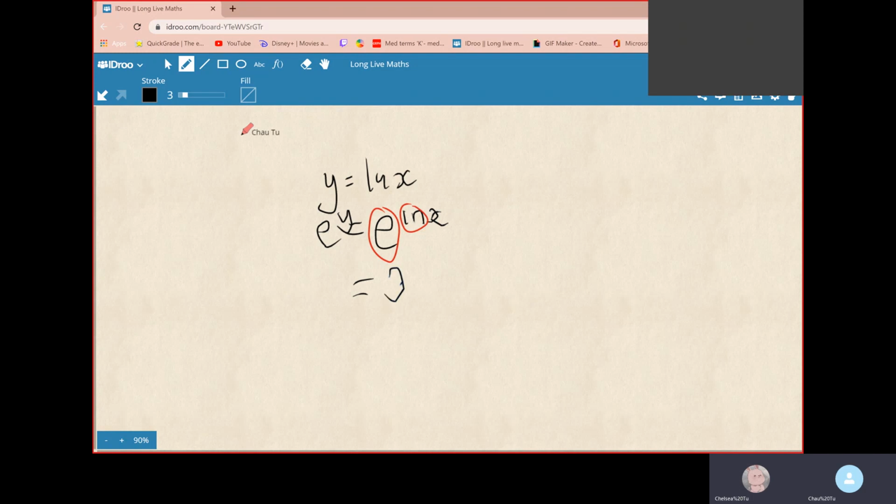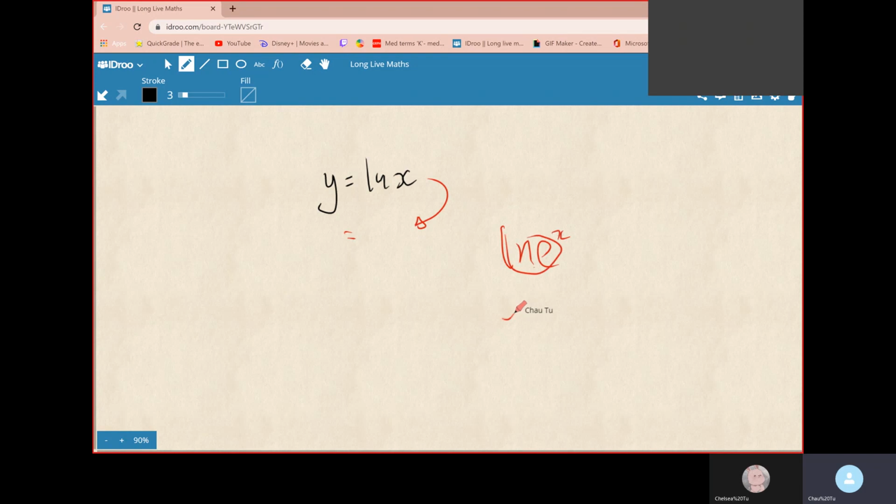So it's just x. When you exponentiate both sides, just know that it cancels out with this natural log. So when you come to write it, just say x. Is that okay? Yeah, because if you take the natural log of e to the power of x, these two cancel each other out. If you take e to the natural log of x, these two cancel each other out as well, leaving you with x.